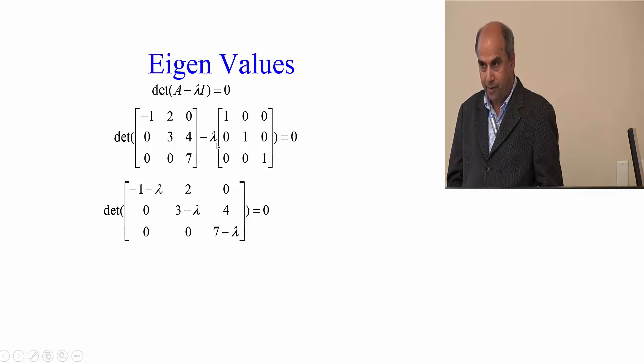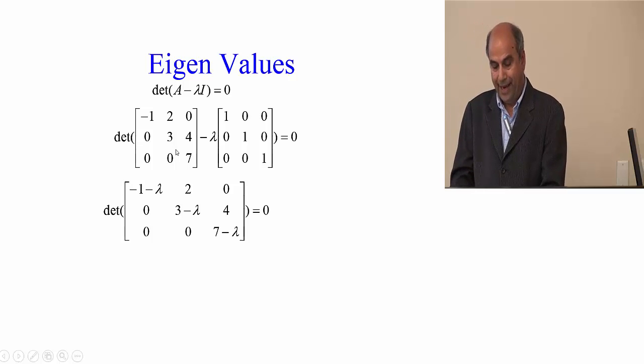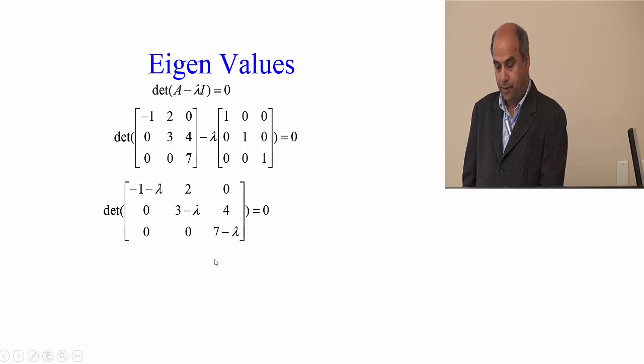So you get this one. It's just element by element subtraction. Then the determinant of the matrix: you start with this, remove this one, multiply this, subtract this, then you do this one, minus, multiply this one, and then this one, like that.